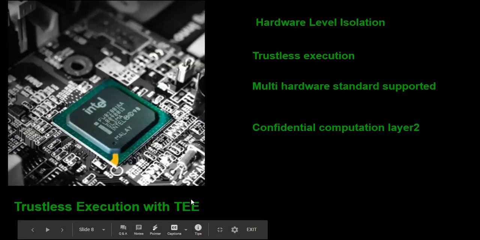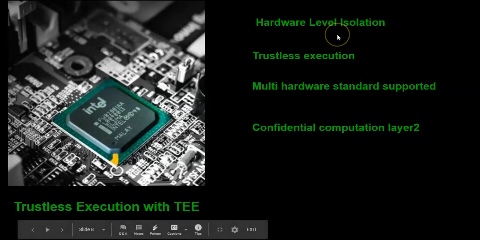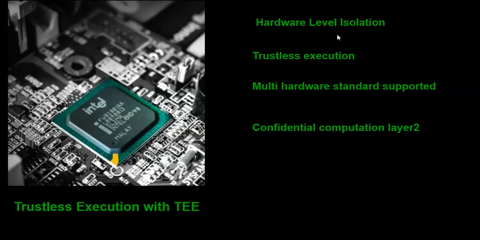Now, how is this possible? Phala Network uses what we call the trusted execution environment. One of the things about them is that they use hardware-level isolation, like Intel SGX, and we have ARM TrustZone and all that. Trusted execution environments are basically isolated spaces within your hardware, within the CPU, that are abstracted from the normal processes on the CPU.